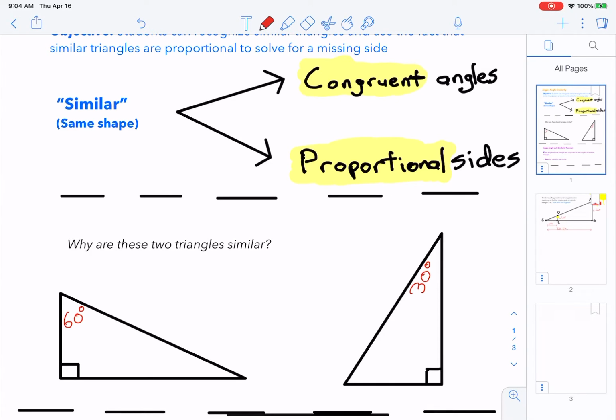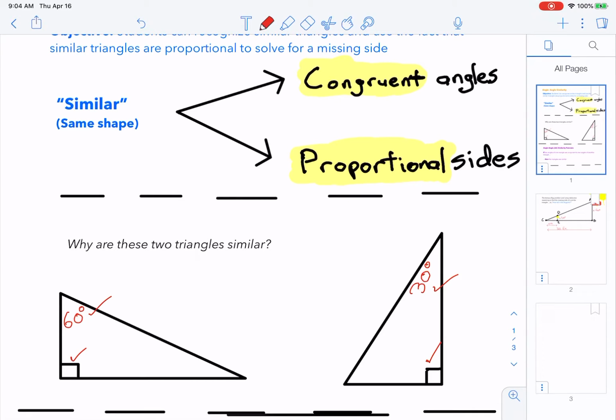Well, let's look at the angles here. To begin with, we notice that we have two 90-degree angles, one here and one here. Also, we have a 30-degree angle here, and here we have a 60-degree angle.